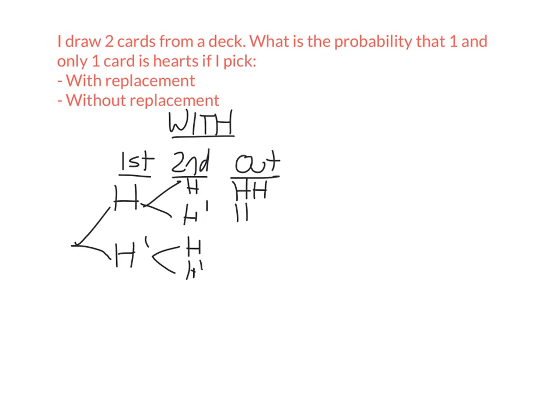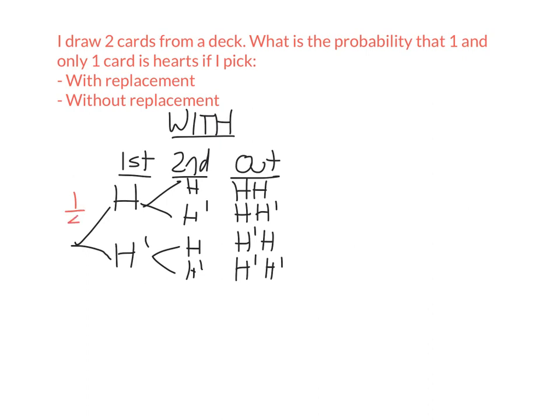The thing is though, they are not equally likely to occur. So you can't say that the probability of, say, getting heart and then another heart, this one here, is 1 out of 4. They're not equally likely because, of course, you're more likely to not get a heart than you are to get a heart. So what I have to do here is write probabilities.